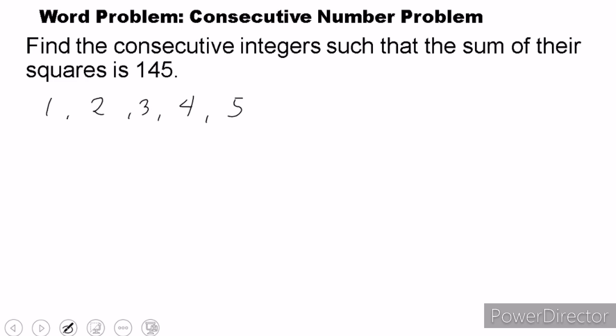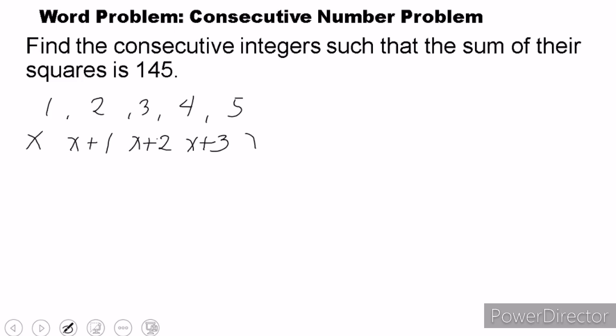Okay. So, bago tayo mag-solve, identify muna natin itong ating consecutive numbers. So, kapag consecutive numbers, let's say for example, i-represent natin yung x as 1. Ibig sabihin, para maging 2 si x, we must have x plus 1. Okay. Para maging 3 naman siya, x plus 2. Para maging 4, x plus 3.